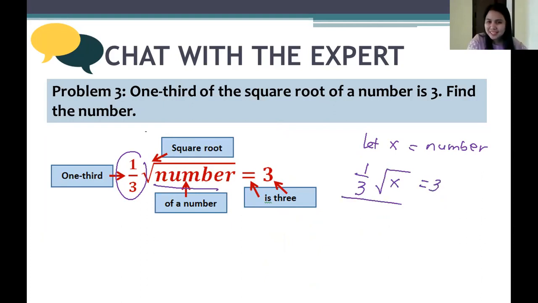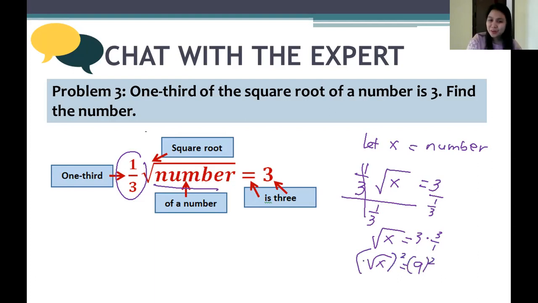Now we can start by dividing both sides by 1/3. Have square root of X, and this is 3 times 3 over 1, square root of 9. Next, we will square both sides. So we cancel the radical sign. X is equal to 81.